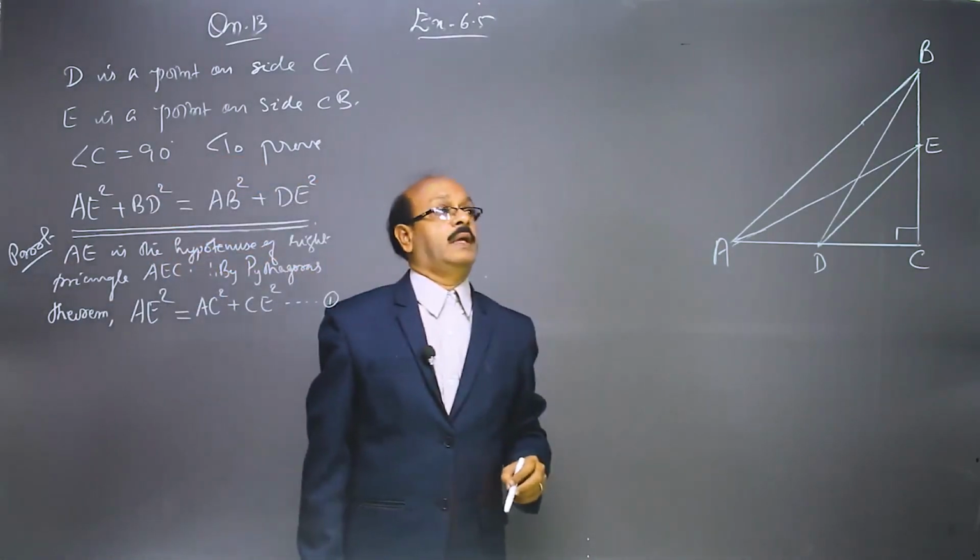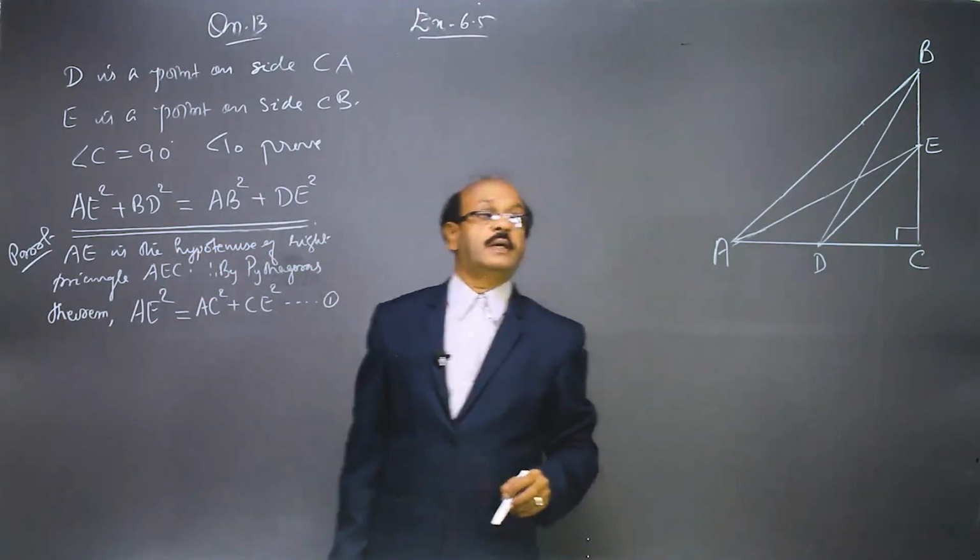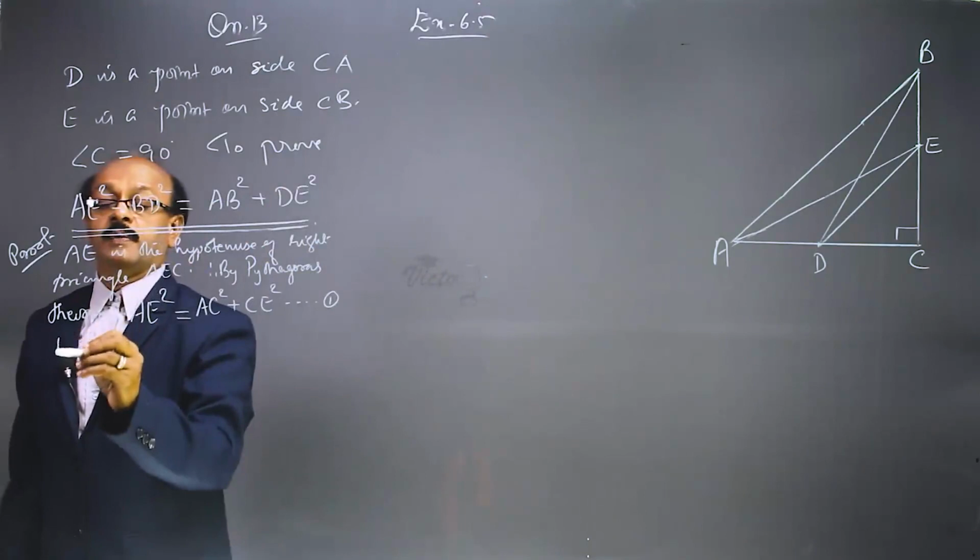Now BD is the hypotenuse of right triangle BCD.